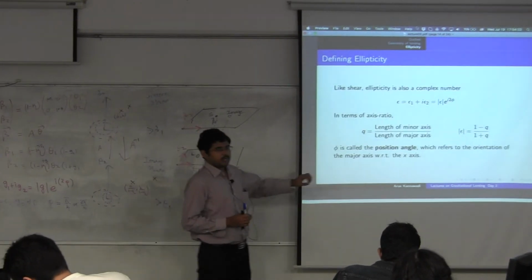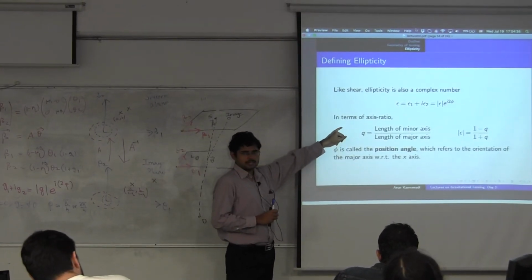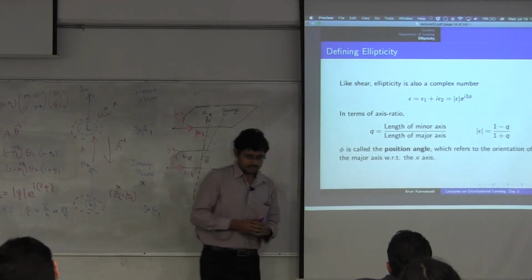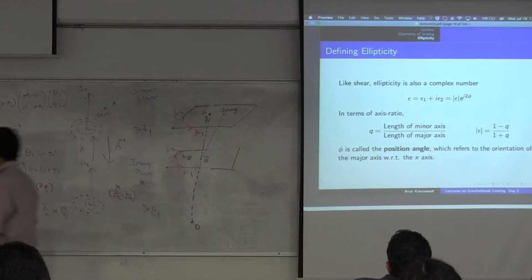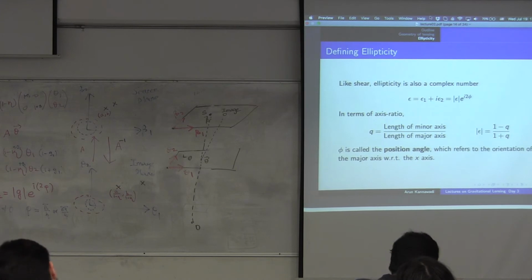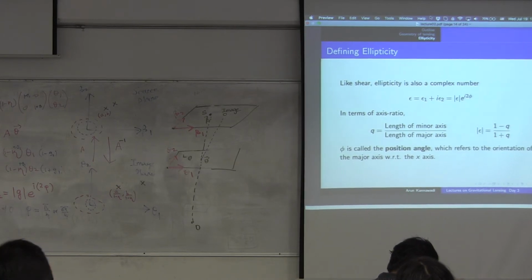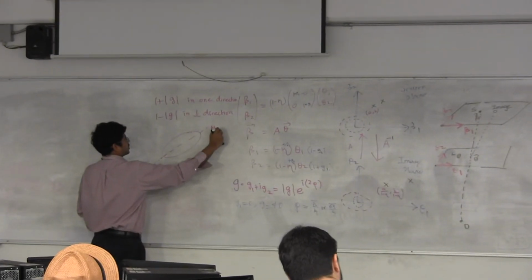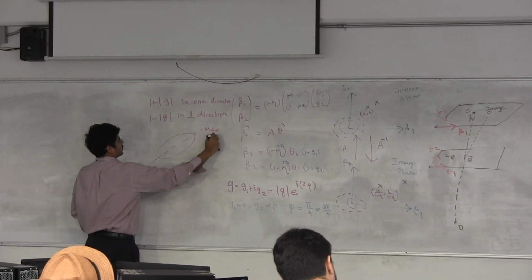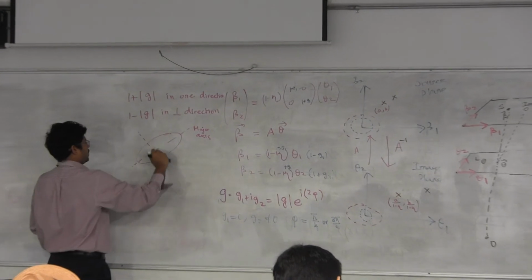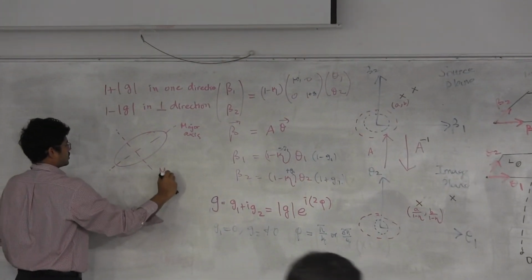And to exactly quantify this, we can see this in terms of axis ratios. So if there is an ellipse here, you can define a major axis, and you can define a perpendicular minor axis.